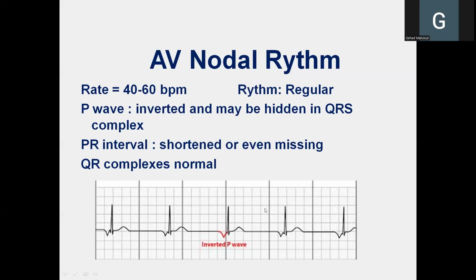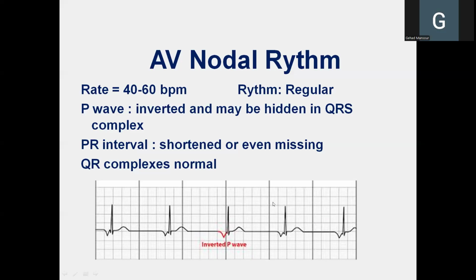So here you can see how many big squares are there between two R waves. In the RR interval, 1, 2, 3, 4, 5, 6, 7. If you divide 300 by 7, this gives you 40 something. So it is about 45, for example, beats per minute.